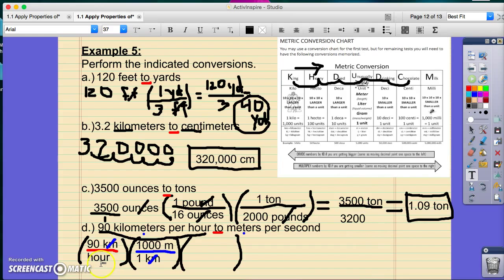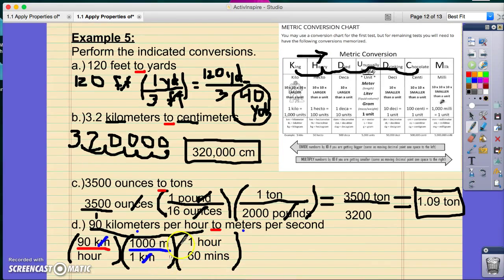Now, hours in the denominator this time. So if it's in the denominator, where does hour have to go? In the numerator to cancel out. So we're going to say 1 hour and we said 60 minutes. So now I had hour in the denominator, I had to put hour in the numerator. Now they go away. The units are gone.